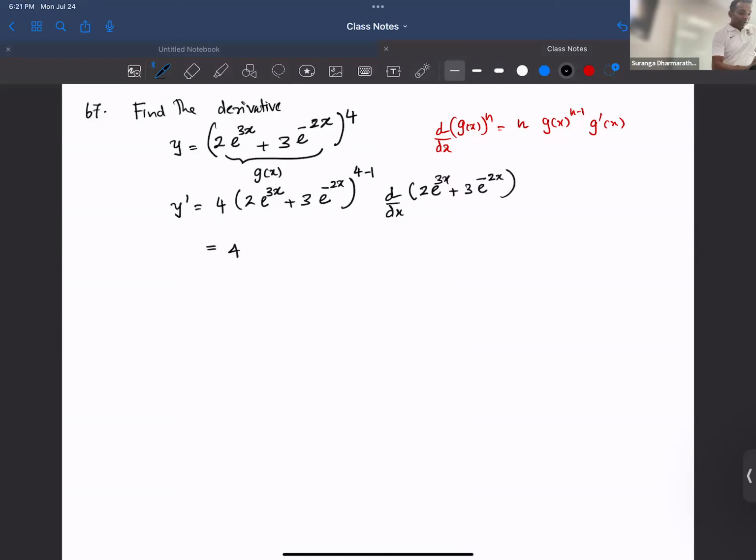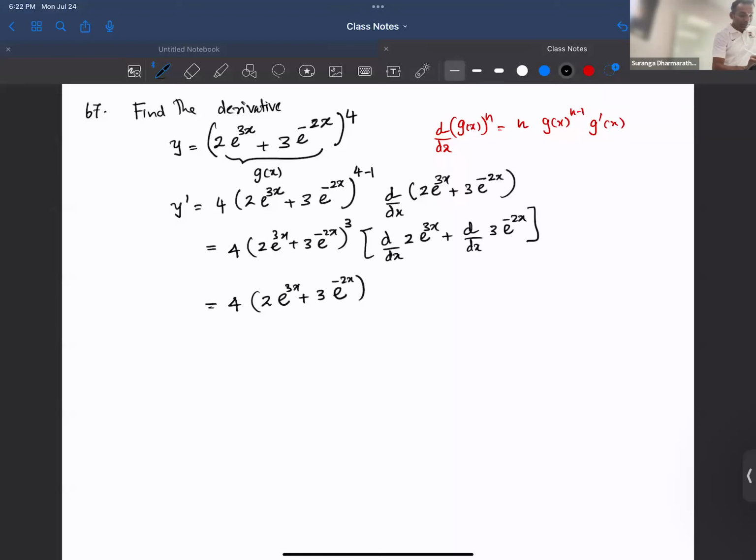You can leave it like that: 4 times 2 e to the power 3x plus 3 e to the power negative 2x, cubed. Then you can apply the summation rule: d over dx of 2 e to the power 3x plus d over dx of 3 e to the power negative 2x.